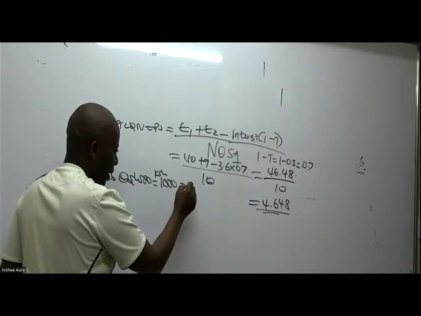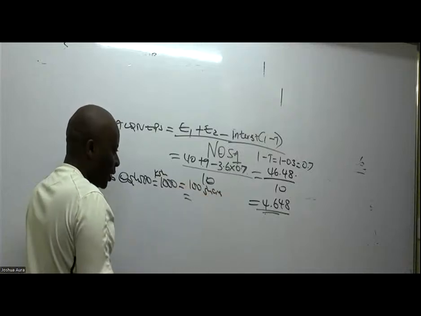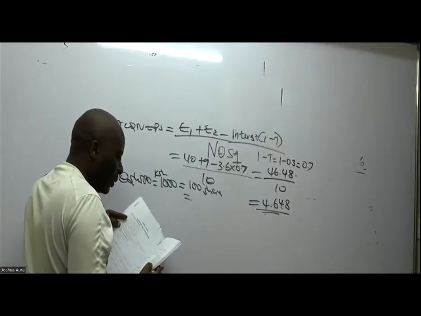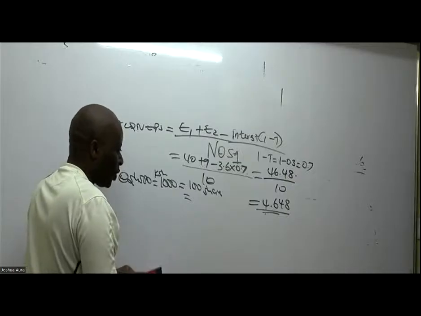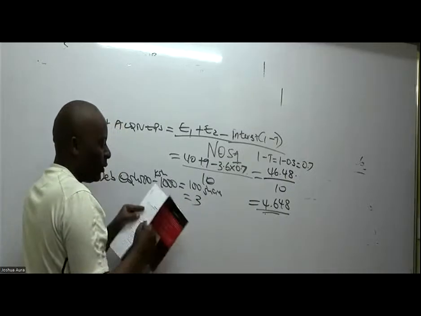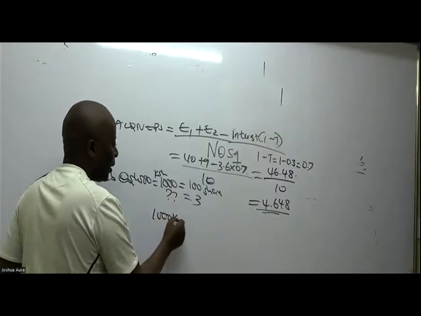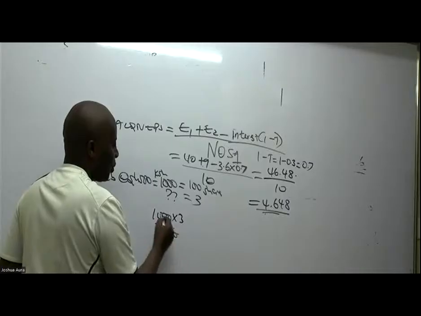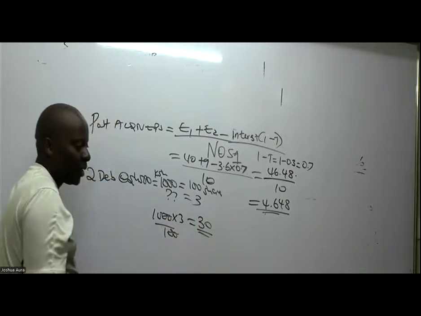Equals 100 shares. How about them giving us all the shares that they have? What shares do they have? They have 3 shares up there from the table. So when I come here, it will be 1,000 times 3 over 100. So this disappears, and this gives me 30 million.